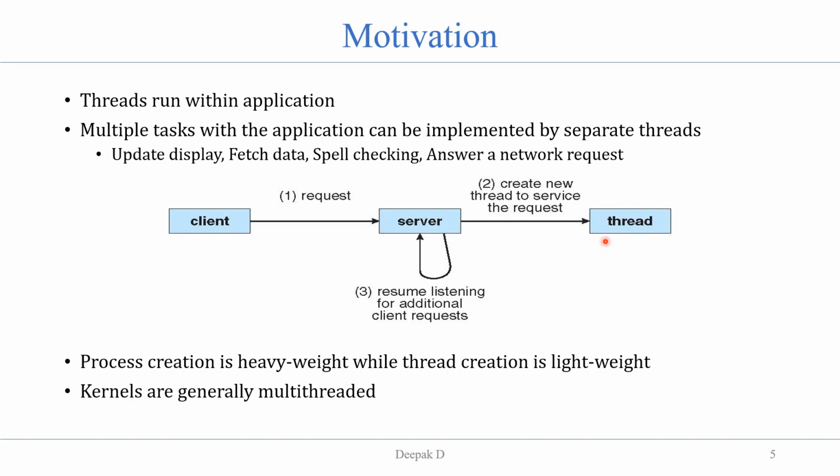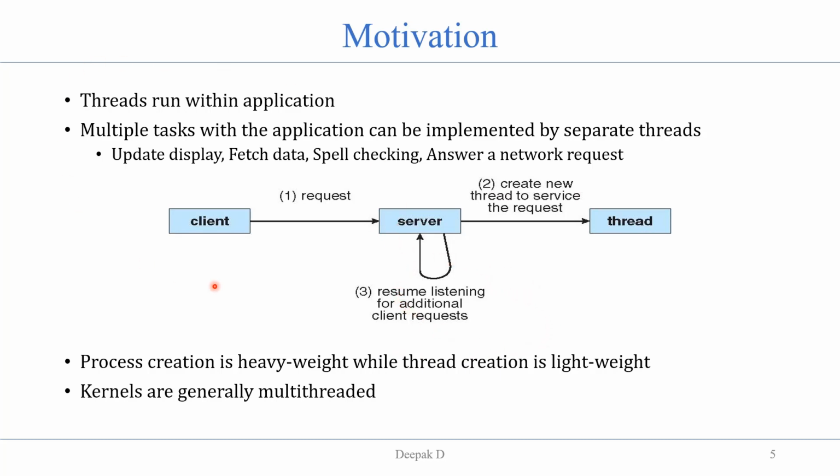If another client also requests a service from the server, again a new thread is created. Means when a request is made, rather than creating a separate process, the server will create a new thread to service the request and resume listening for additional requests.